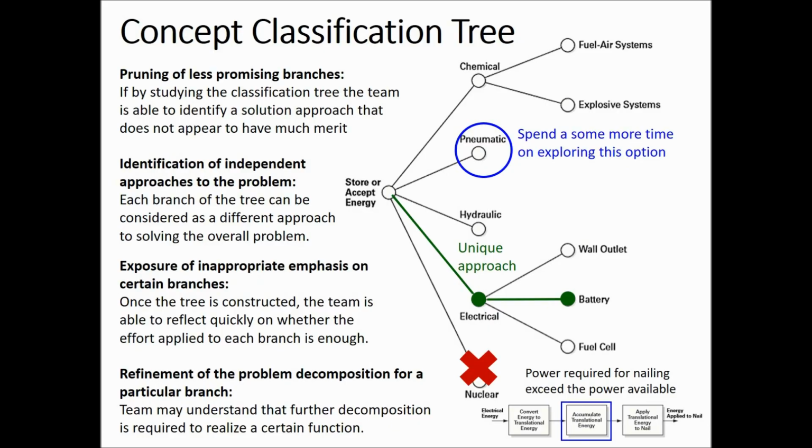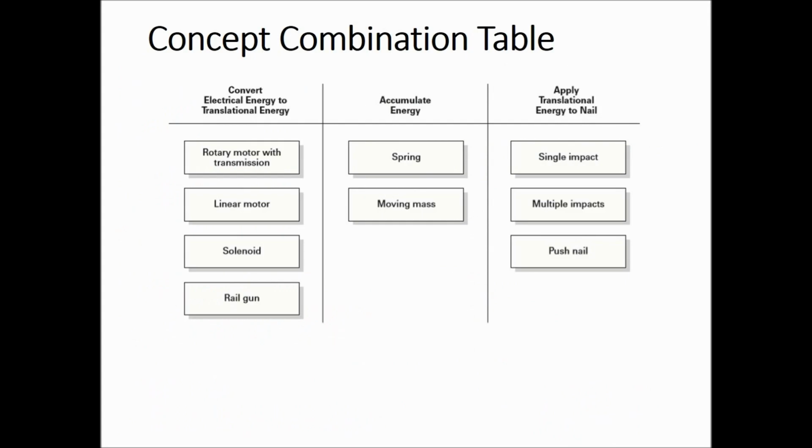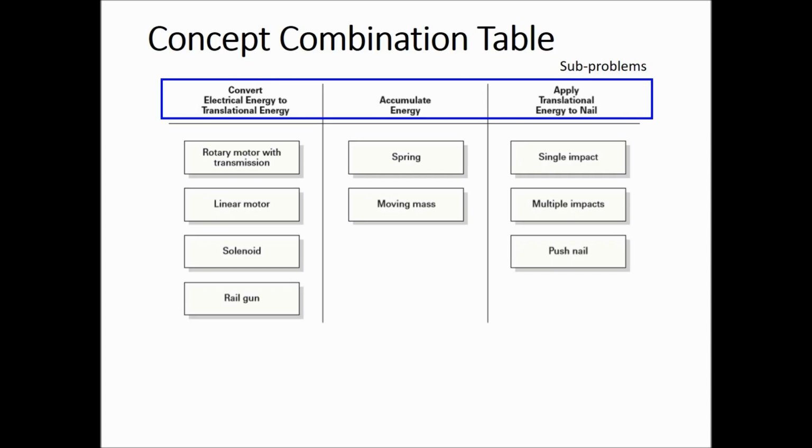Once you complete the construction of the classification tree, then you can think about different technologies that you could consider in implementing these different sub problems. For that, of course, you could use combination tables. In the combination table, in the very first row, we represent the sub problems in different columns.